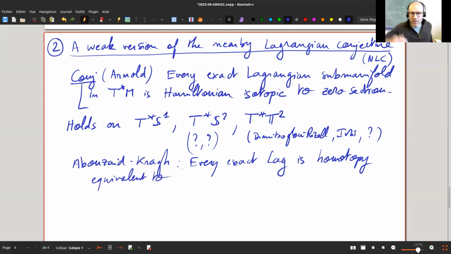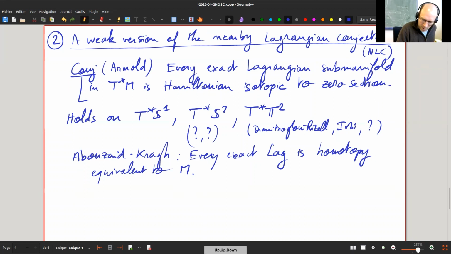I mean, the projection onto the base induces a homotopy equivalence. So in general, we are quite far from having it. On the other hand, it's already a very strong result. There was a lot of technology involved to prove this.